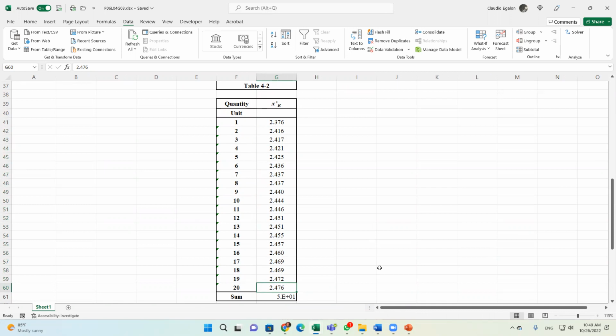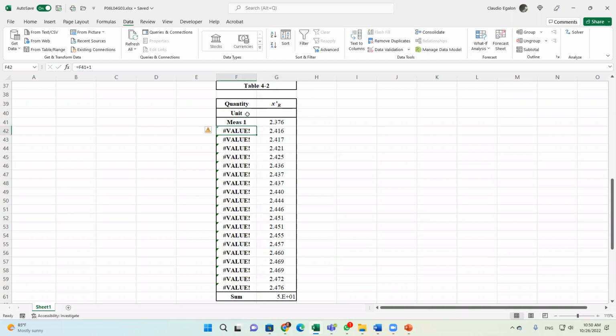You have these values randomly distributed from measurement 1 to measurement 20. Measurement 1, measurement 2, measurement 3, and so on.